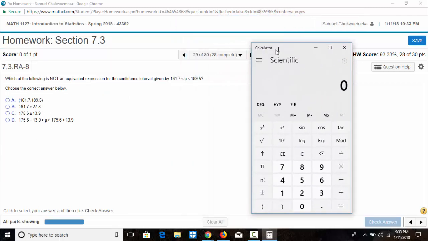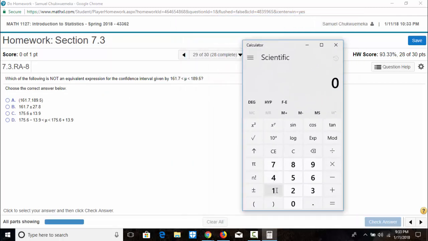We'll see here for B, you see that it's gonna be wrong, because 161.7, if you do minus 27.8, it will give you 133.9, okay, but we need 161.7. So that's not it. And you do 161.7 plus 27.8 gives you 189.5. Yeah, but the lower confidence limit is not represented.